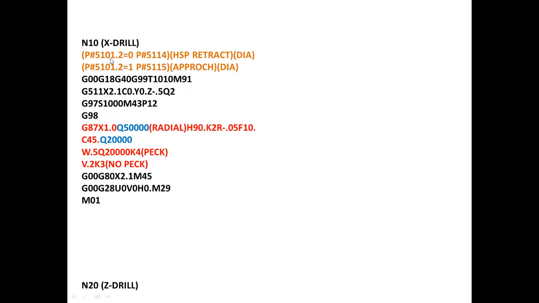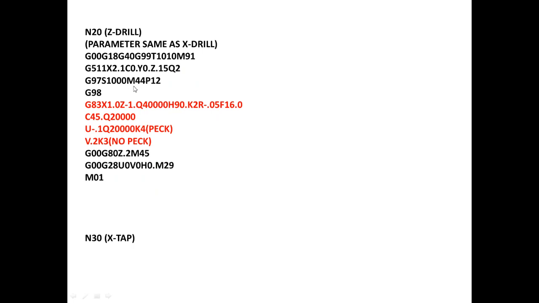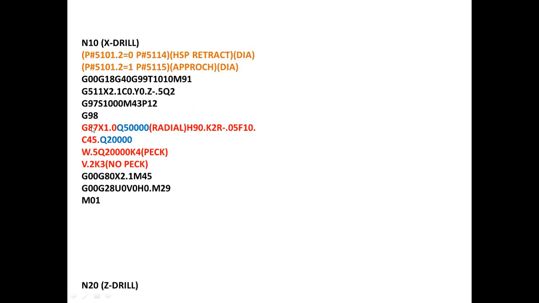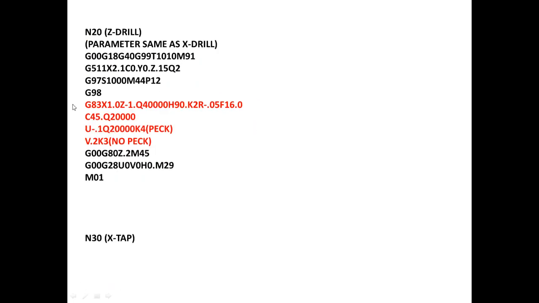You want your drill to come out of the part, or just back up a little bit, based on 2 different parameter settings. Instead of G87, now we're going to use a G83, and the rest of the programming format is exactly the same.